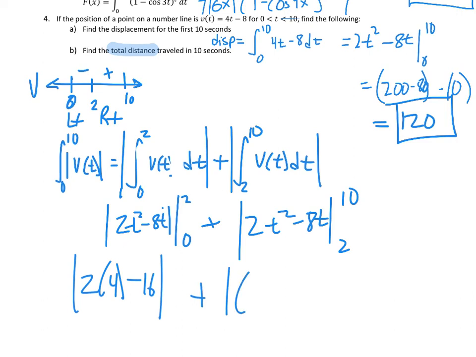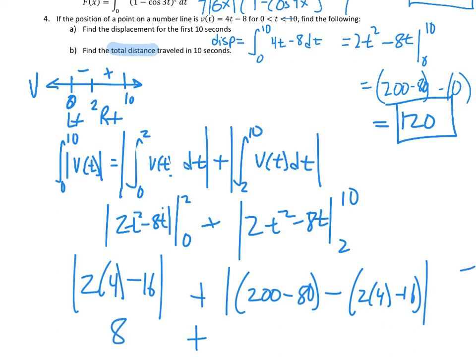So plug in 10, we get 2 times 100, which is 200, minus 80, that looks familiar, minus plug in 2, and that's where we get, again, 2 times 4 minus 16. So we get 8 for the first part there, and the absolute value of 120. And this is minus -8.